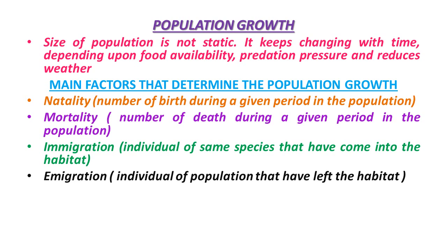So basically there are four processes: natality, mortality, immigration and emigration, which affect the growth of a population. So we can say these are the main four factors that determine population growth. Now let's understand these factors one by one.